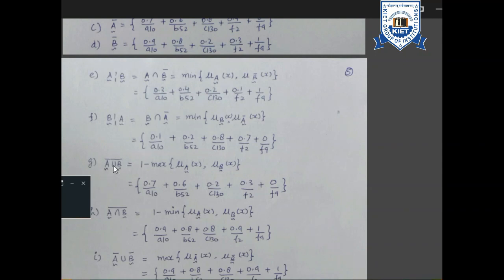To achieve the complement, we have to find its membership value, which is done with the help of 1 minus something, right? For example, to find out the complement of A, it can be done with the help of 1 minus membership value of A, right?